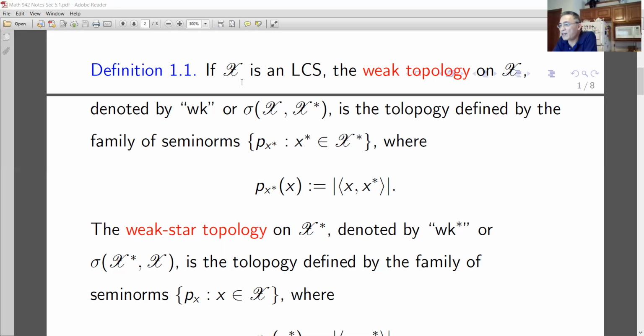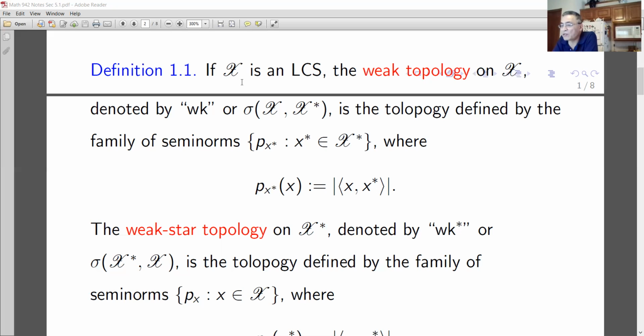So we don't say the weak star topology is different from the original topology, because in general we don't have an original topology on X star. But if X is a normed space, then X star is a Banach space, so of course it has a Banach topology.